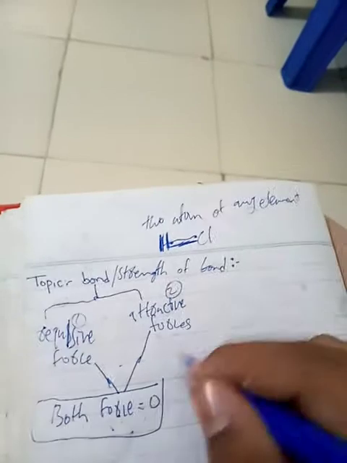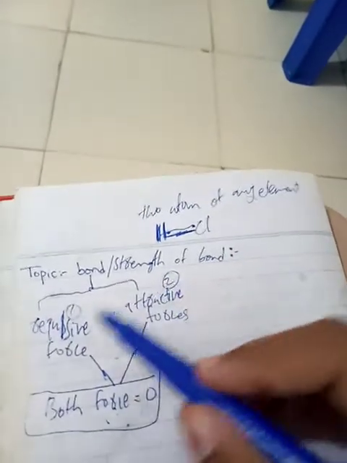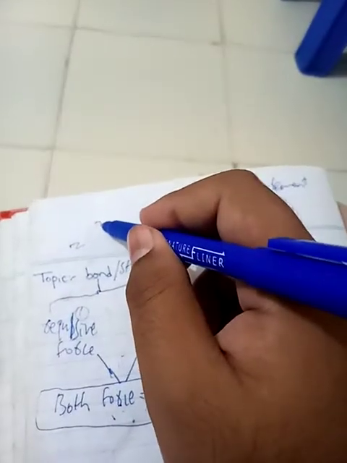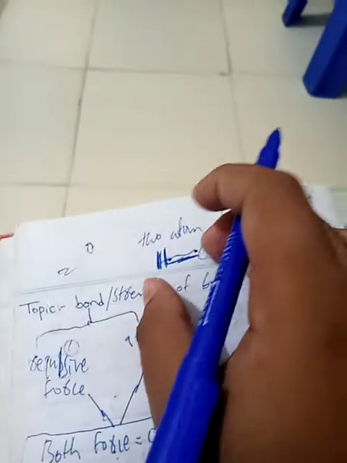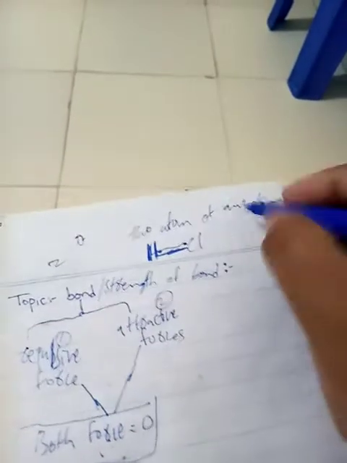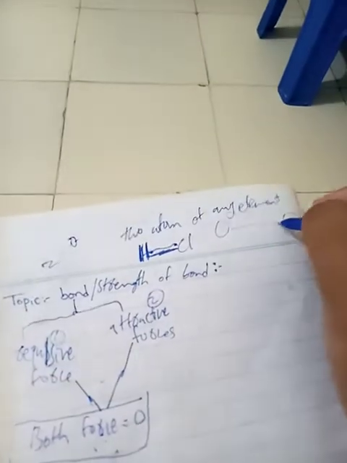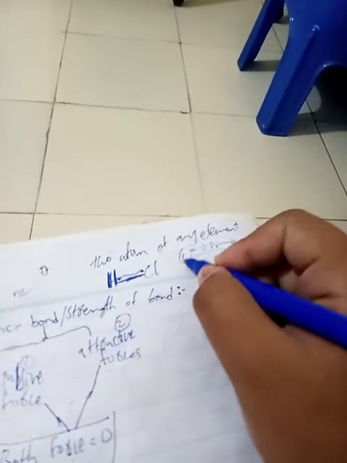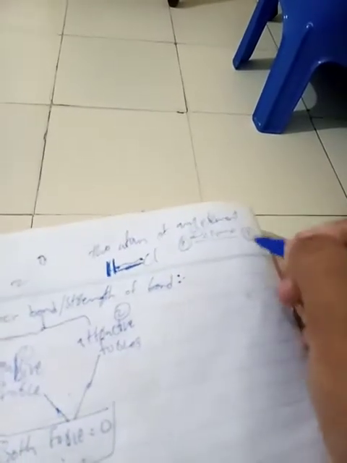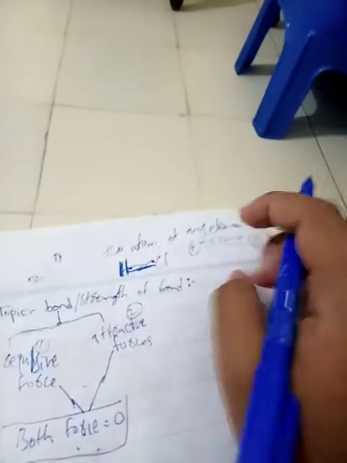For example, if the repulsive force is 2 and the attractive force is, you may say, 0, then the atoms will have a distance, and because of that distance the bond will not form. There is 2 Newton of force. This is a repulsive force, trying to repel because both have protons.